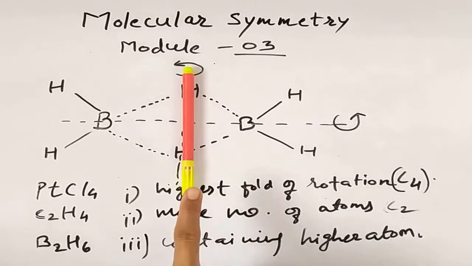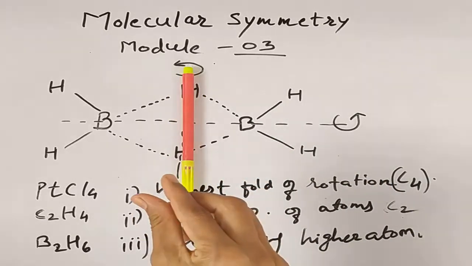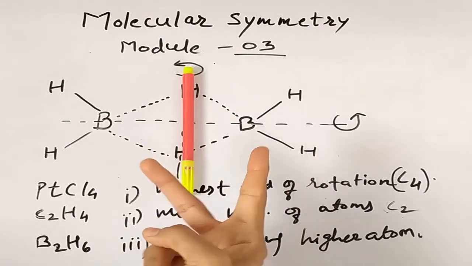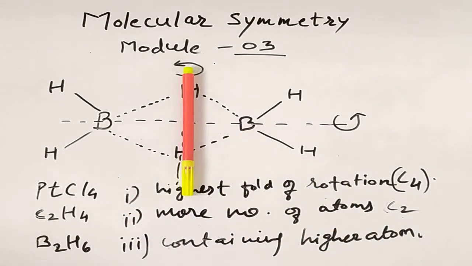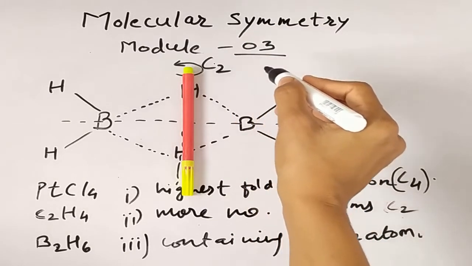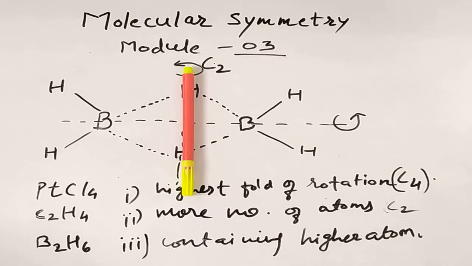If you pass the rotational axis like this, the molecule will be rotated like this. At what angle? 180 degrees. So, this rotational axis is called the C2 axis because the angle of rotation is 180.